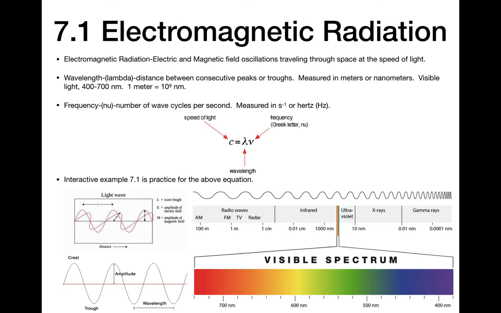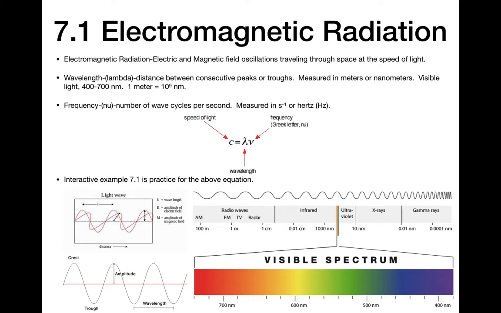They can be very long waves, such as AM radio waves, which are like 100 meters. They can be very small wavelength waves, such as gamma rays. But the ones between about 400 and 700 nanometers are the ones that our eyes can pick up on.